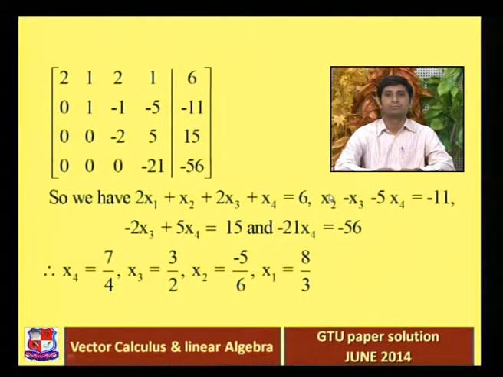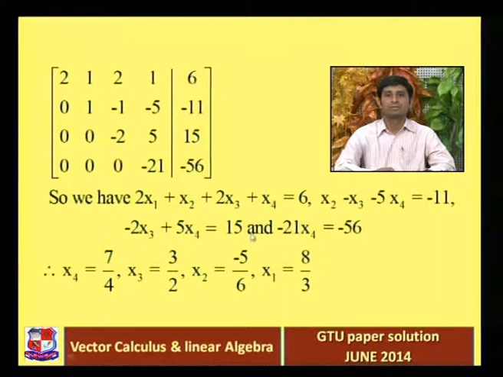Then when we put the values of x3 and x4 in these equations, we get the values of x2 and then x1. So it's quite easy to solve these equations now. So this question is complete here.